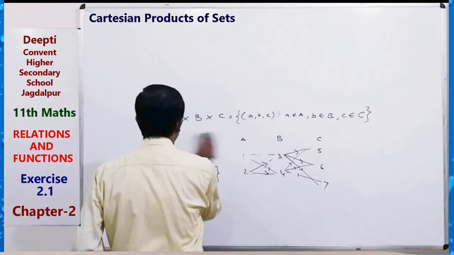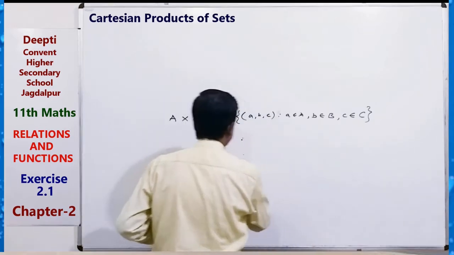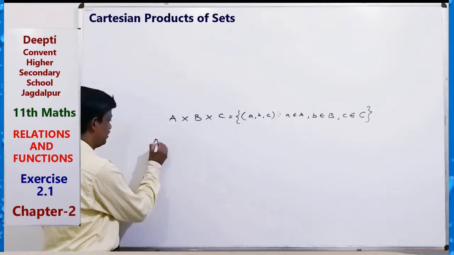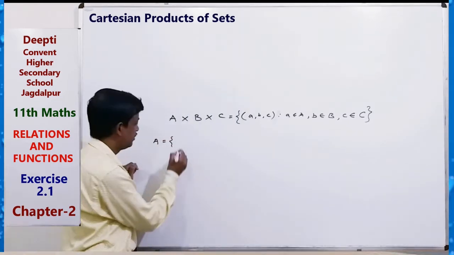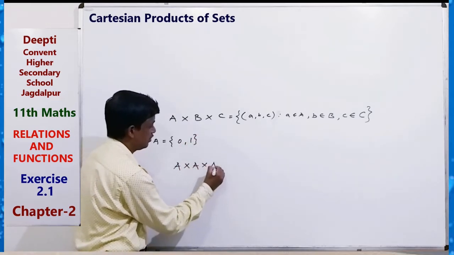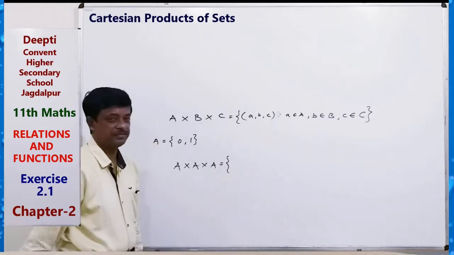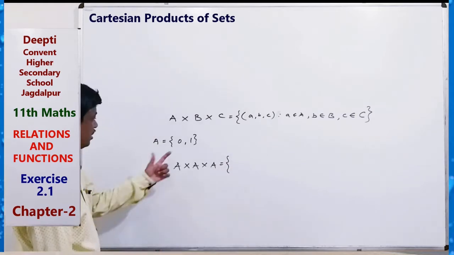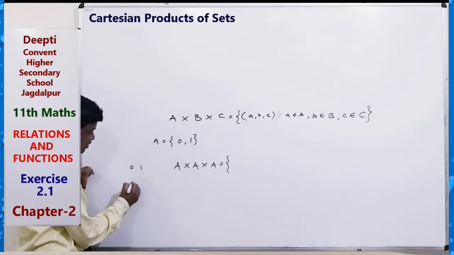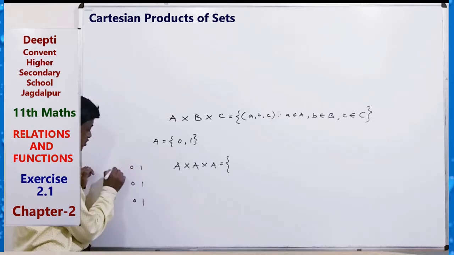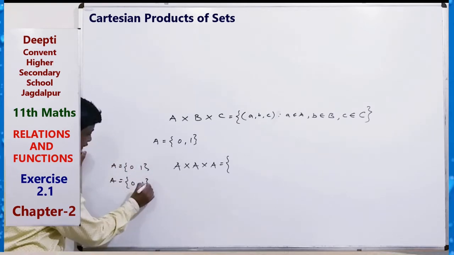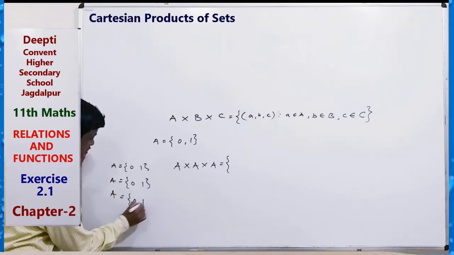So for A equals {0, 1}, we are trying to find A cross A cross A, listing the elements, triplets. How can we make 3 elements? So 0 1, 0 1, 0 1, all are A, equals this.